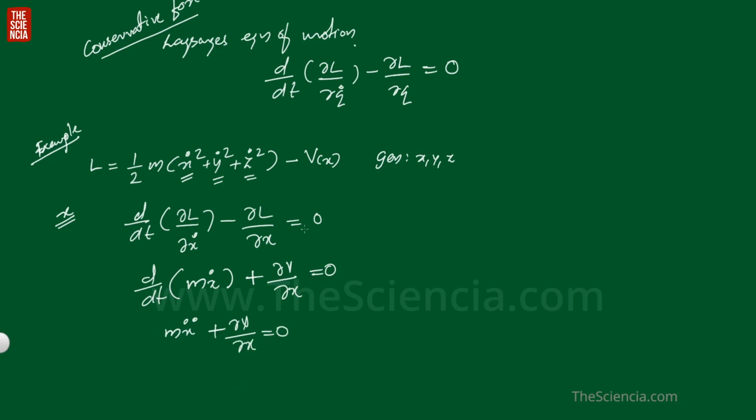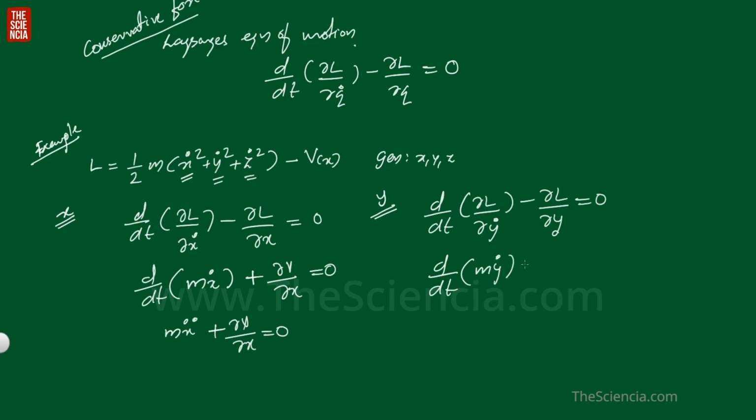Now I am considering another coordinate, that is the y coordinate. Then what will be the equation of motion? d by dt (dou L by dou y dot) minus dou L by dou y equal to 0. That is d by dt of dou L by dou y dot, that is m y dot, minus dou L by dou y.